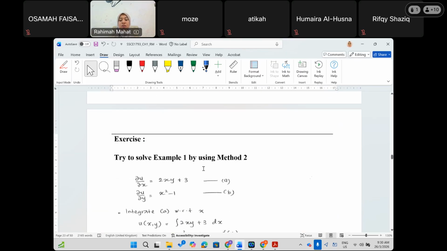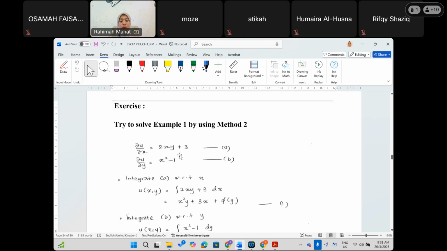Example 1 by using method 2. Okay, method 2. We already know that ∂u/∂x is equal to 2xy plus 3, and ∂u/∂y is equal to x squared minus 1. So we integrate u with respect to x.